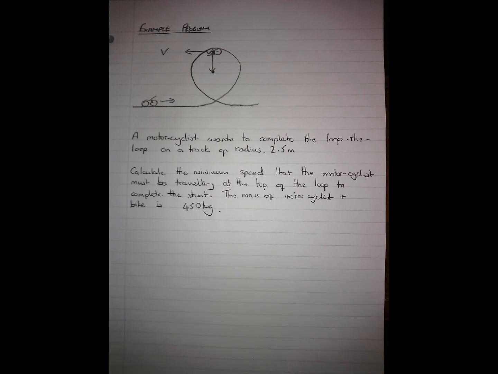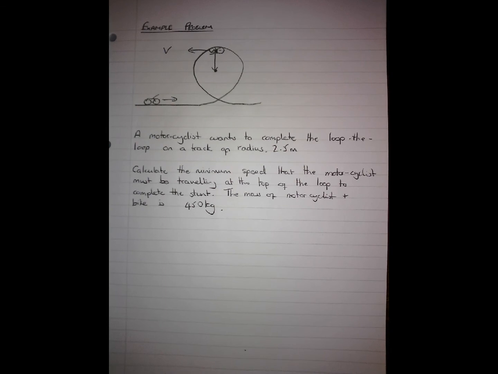What I would like you to do here before I work through this problem is pause the video and try and label the forces on the motorcyclist at the top of this loop and then write out the condition that we've been applying for circular motion.